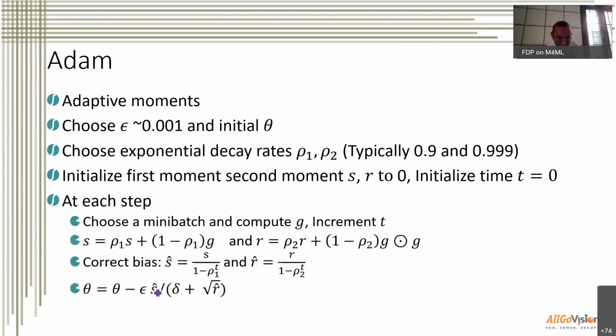Then we'll get into the last method. I know it is a little too much, but I just want to give a little background so that if you go through the methods, you can appreciate the differences between them. This is called Adam, adaptive moments, and it does momentum on two things.